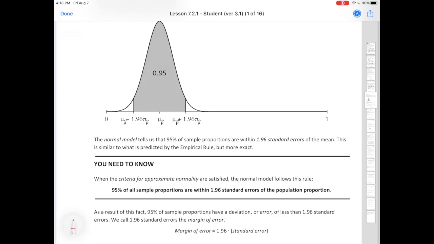These are really the p-hats. And this is really p, right? So let's think about this. What this is saying is that 95% of all p-hats that you get are going to be within 1.96 standard errors of the p. And p is what you're looking for. You want the population proportion.